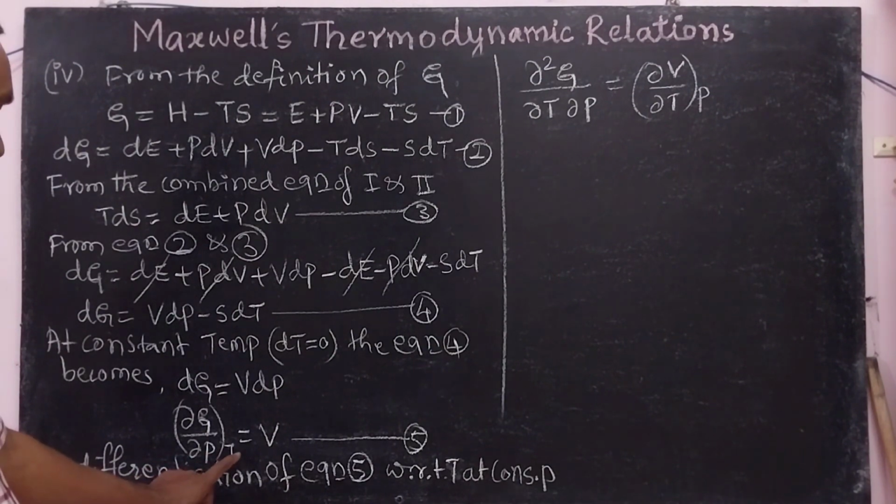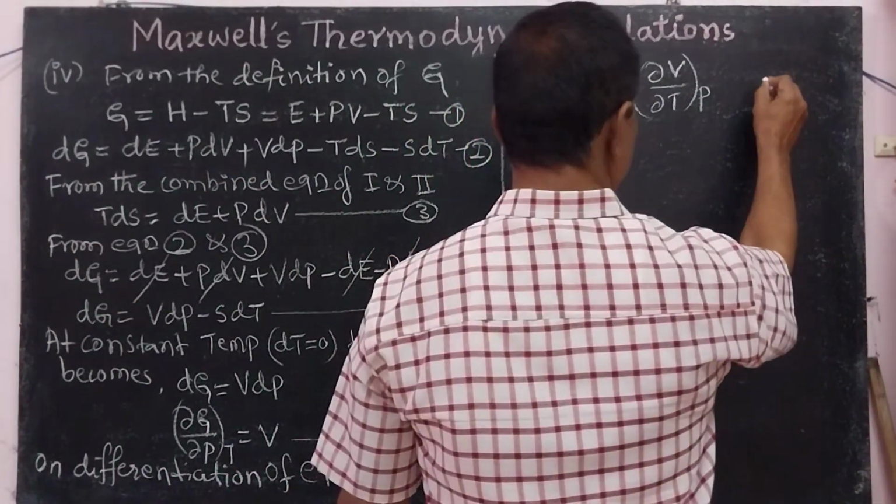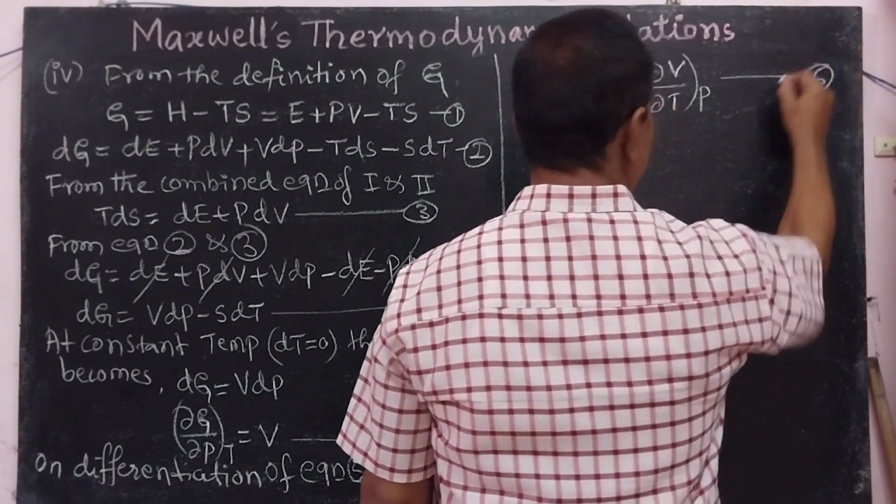We are differentiating with respect to T at constant pressure. Now suppose this is equation 6.